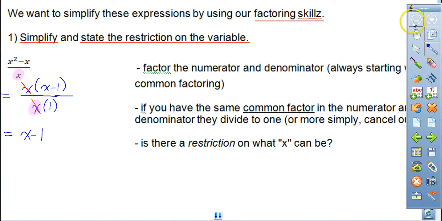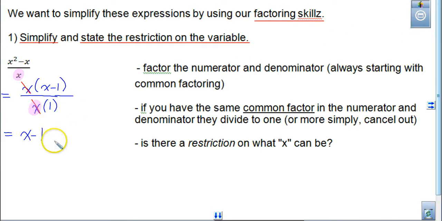The denominator is x. So if that became 0, if we said x equals 0, that would be a bad thing, because that would give us a denominator of 0. So our restriction is that x cannot equal 0. We put a line through the equal sign: x cannot equal 0 is our restriction.